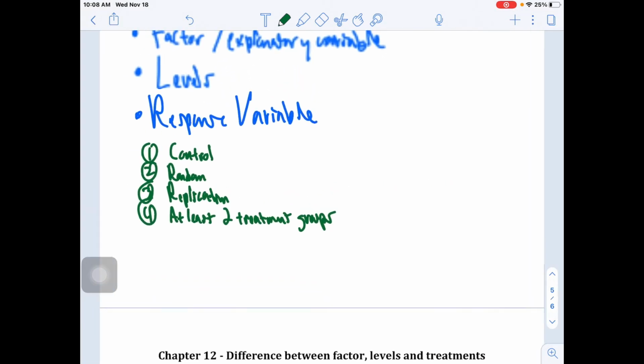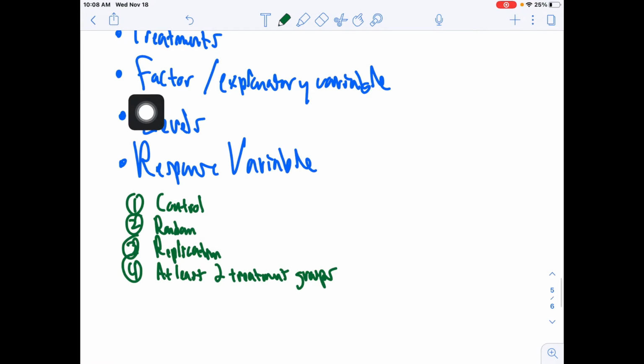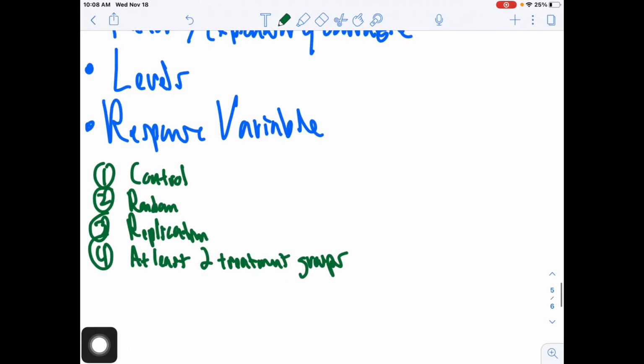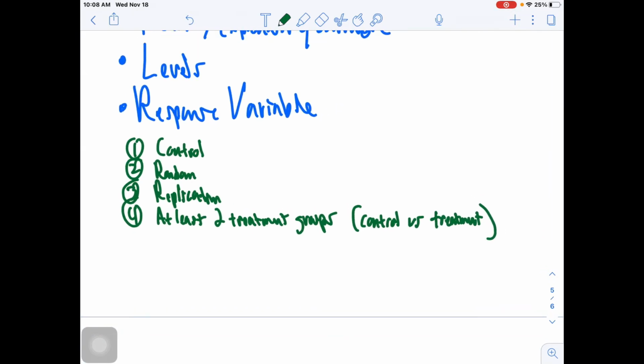So we want at least 2 different treatments, like a control group and then another group. And obviously, depending on the levels, maybe we have 3 treatments, maybe 4. It really depends on the experiment itself, but for sure we want at least 2 treatment groups: a control group and a treatment. Control versus treatment.